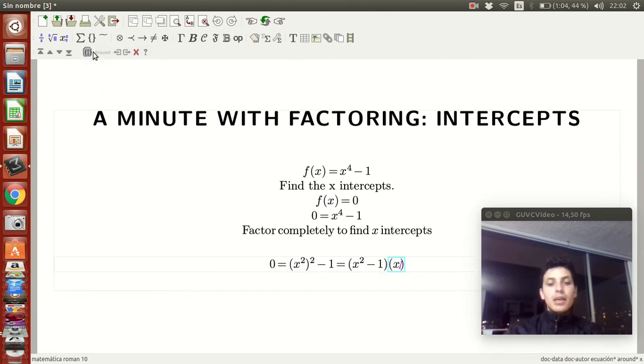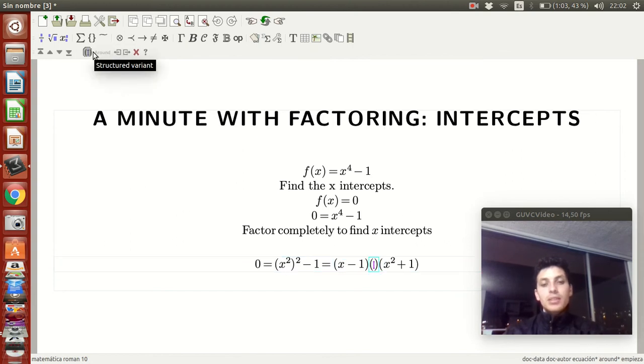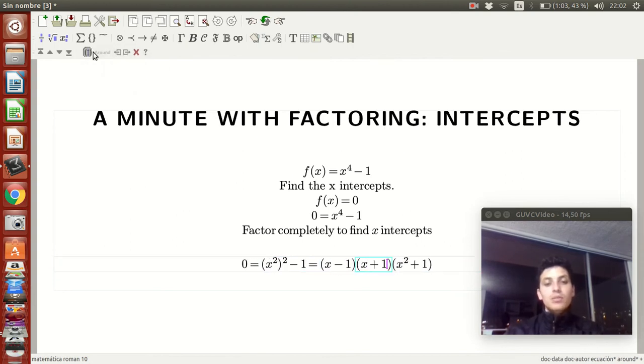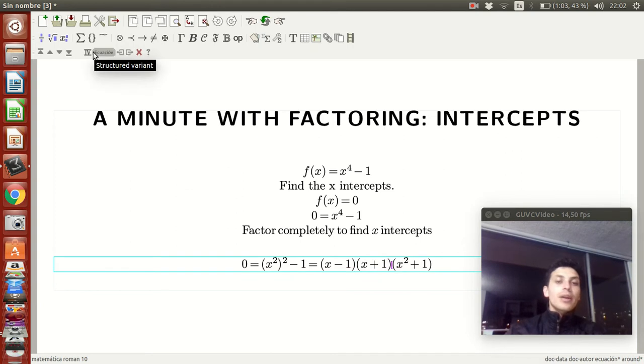Using the difference of squares, we get (x squared minus 1) times (x squared plus 1). And you can see that the first factor is another difference of squares, so we can simplify it using difference of squares: (x minus 1)(x plus 1). A sum of squares doesn't factor.